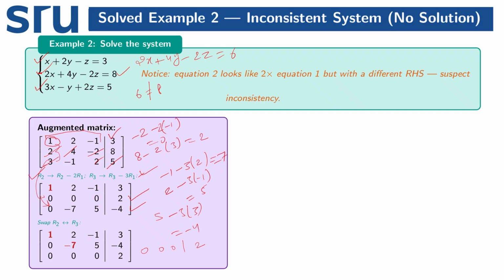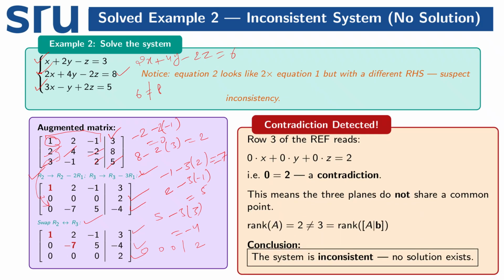We are applying the operation R2 interchange with R3, so that the final matrix becomes the way that you are looking at on the screen. First row reads 1, 2, minus 1, 3. Then second row reads 0, minus 7, 5, minus 4. And third row is 0, 0, 0, and 2.